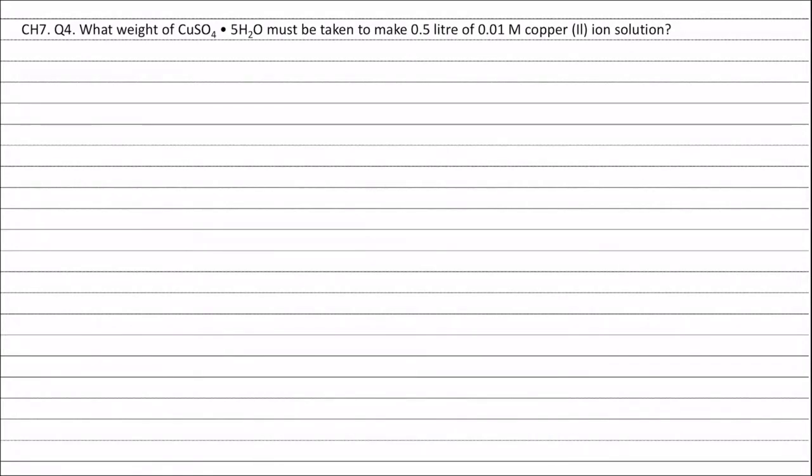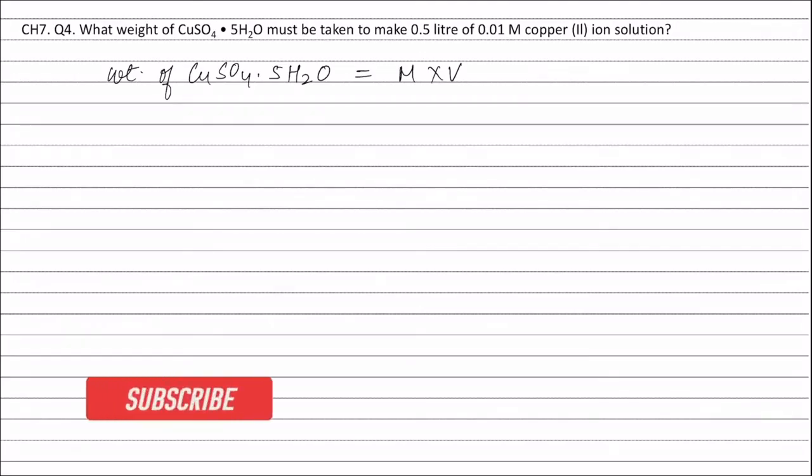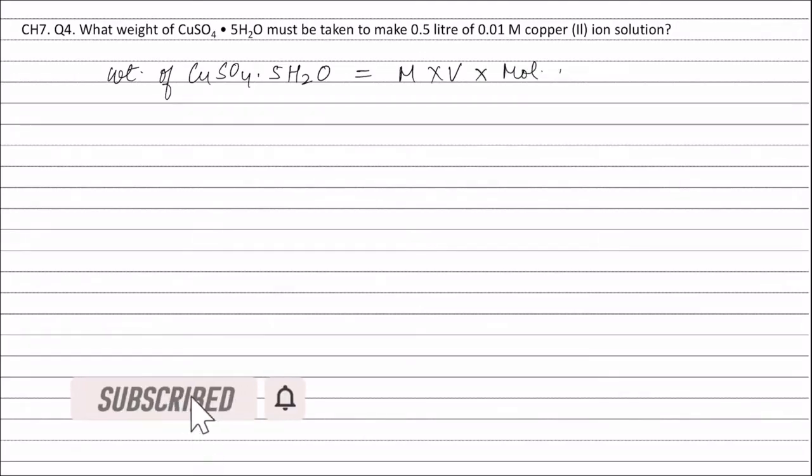Question 4. What weight of CuSO4.5H2O must be taken to make 0.5 liter of 0.01 M Cu2+ ion solution? Now weight of copper sulfate taken will be equal to molarity into volume. Molarity into volume gives the number of moles of copper sulfate, and multiplying this by the molecular weight of copper sulfate will give the weight of copper sulfate.